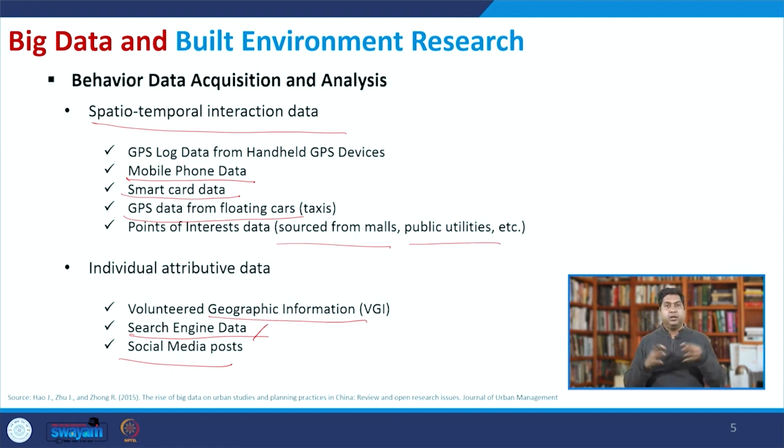You can get those data automatically, and then analyze that information to take a call on the overall performance of a particular place, or the satisfaction and dissatisfaction associated with certain locations, or whatever you want to measure, that can be done with this.